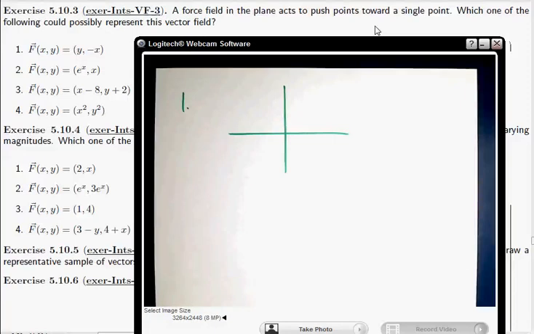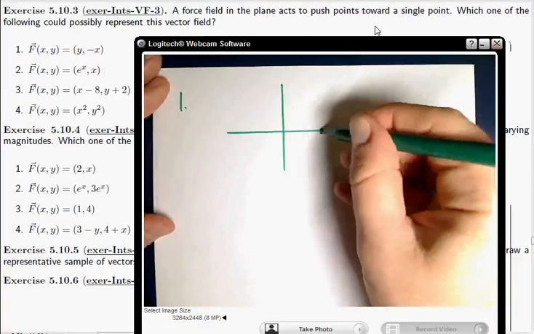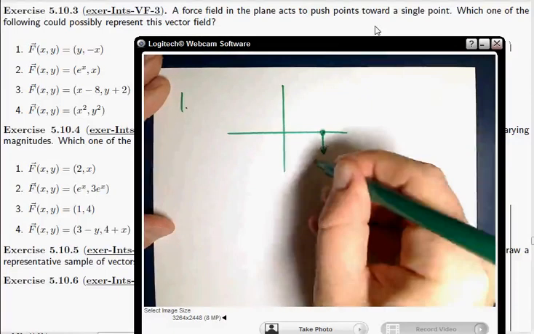One thing you can note is this looks an awful lot like a vector field that we wrote down as an example in the book. It was negative y comma x, and this is y comma negative x. So this is the negative of that vector field. If you start plotting points, what you'll find is that this just goes something like this.